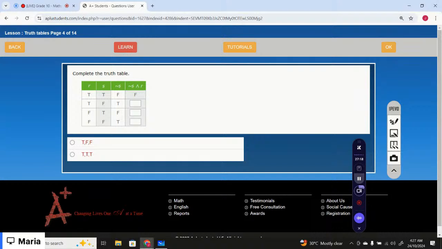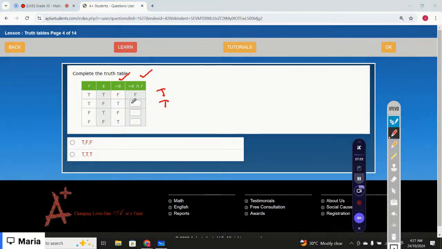This one is and. So when you are going to perform the and operation, both of the conditionals must be true. That is between this and this. True, true. This is true, this is true, so this is true. False, false, false. False, true, false. So the correct option is true, false, false. If both of them are true, the answer is true, otherwise false it is. The correct option is option number 1.